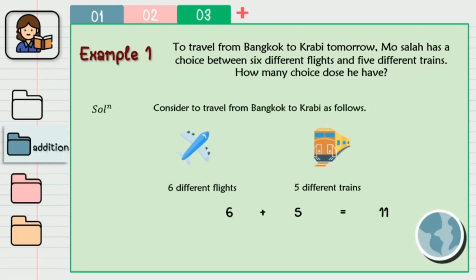From the addition principle, we get 6 plus 5 is 11. So there are a total of 11 alternative ways. This is a straightforward example. Next, let's look at a different example.